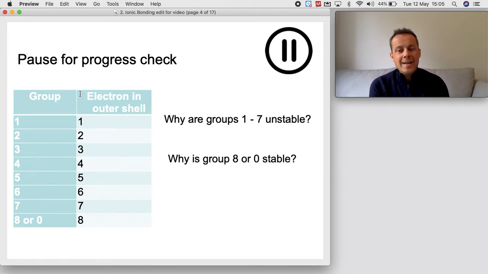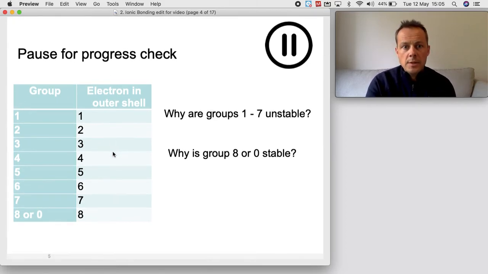What you really need for this is to show that you understand that in groups 1 to 7, the outer electron shell is not full. And in group 8 or group 0, they have a full or a maximum number of electrons in those outer shells, making them stable. And that's all you need to be able to say for that kind of question.